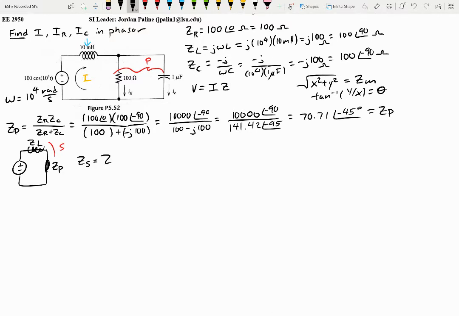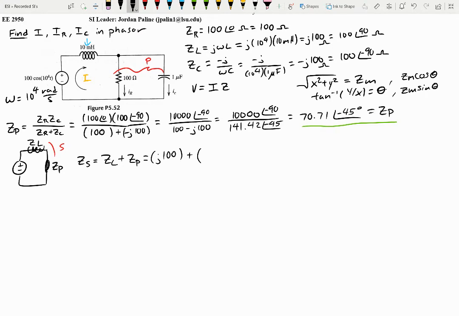So we want to add those, ZL plus Z parallel, since they're in series, and we're treating these like they're resistors. So we'll do J100 for the inductor, plus we need to convert this value back. Essentially we'll use our rules: Zm cosine theta, then Zm sine theta.